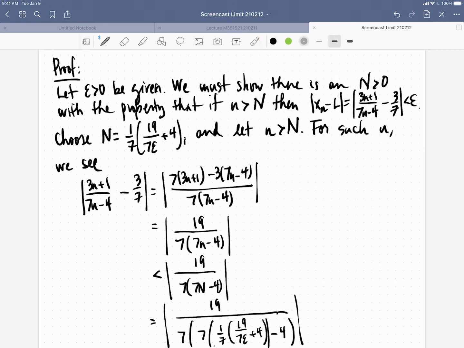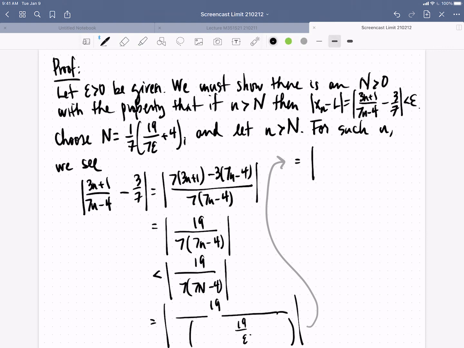Since we have the room, and I think I can finish on this page, we'll move that up there. But let's look down here and see what kind of simplification we get. This 1/7 and that 7 cancel. Now you can see this 4 and that 4 cancel. And then this 7 and that 7 cancel.